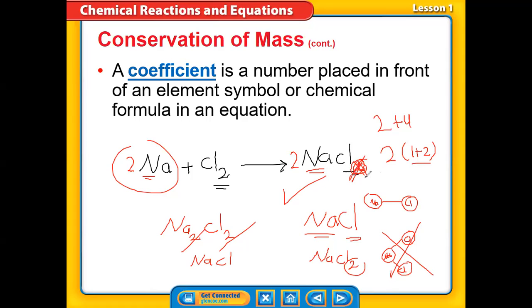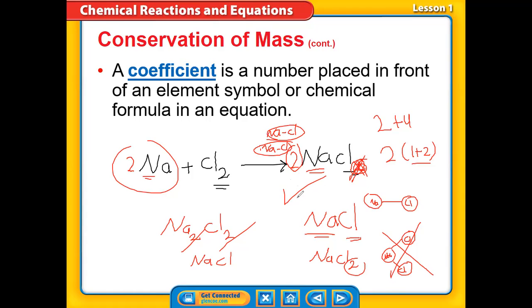We just balance by adding coefficients, because a coefficient represents the amount of the entire substance. 2 NaCl means that we have 2 NaCl molecules, or 2 NaCl compounds. It represents the quantity, like you have 2 apples, 3 apples. But changing the subscript could change the apple itself. Is it clear?